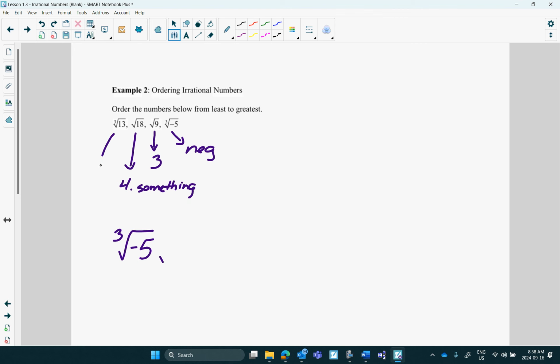Now, what about this one? Cube root of 13. Can you think of a perfect cube near 13? You should know 8. What's the cube root of 8? What's the cube root of 13? 2 point something.